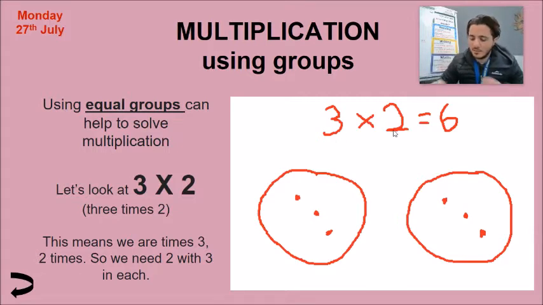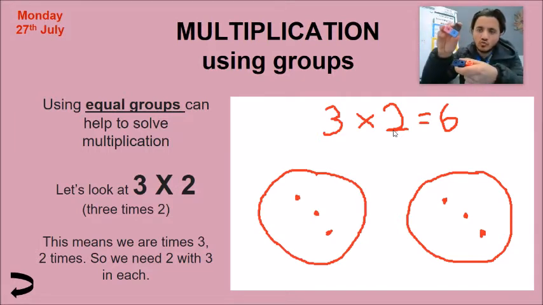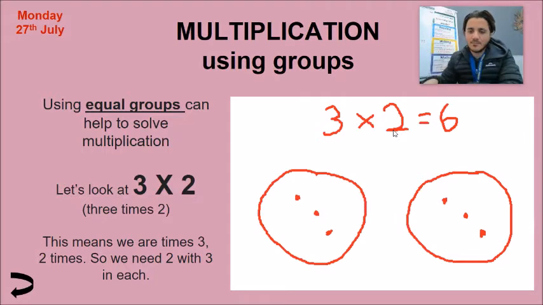If I've got 3 blocks, 1, 2, 3, think of it like a clone machine. I want to clone them times 2, so I want to make 2 groups of them now. That was my little clone noise. So 3 times 2 equals 6.